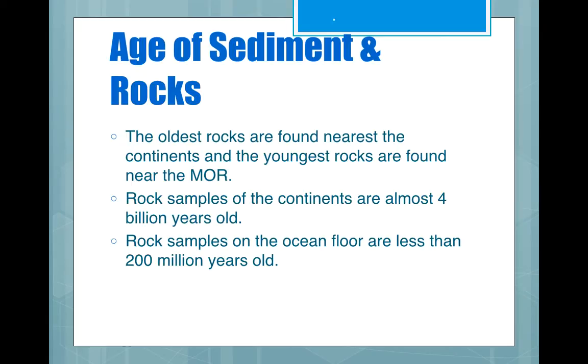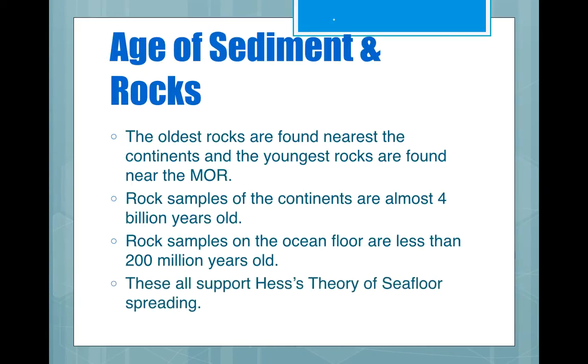Think of it like a conveyor belt that you have at the supermarket. So this all kind of came together and supports Hess's theory called seafloor spreading, that at this mid-ocean ridge, the continents are spreading apart and pushing the old rocks towards the continents.